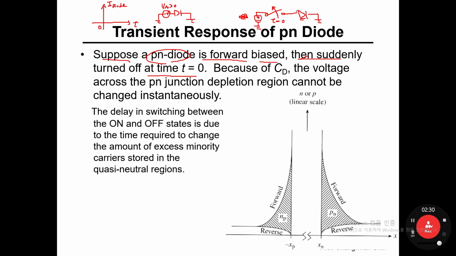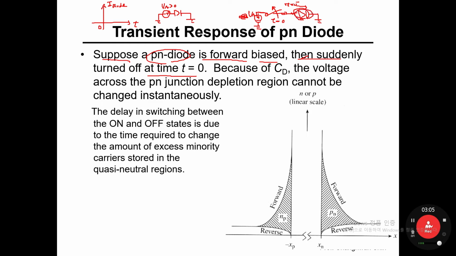That's true. But my question is, right at the moment when the switch is opened, can the diode flow current? Yes or no? Yeah, the answer should be yes, because at t is 0 minus, before the switch is opened, this DC bias can deliver its own power toward the diode.